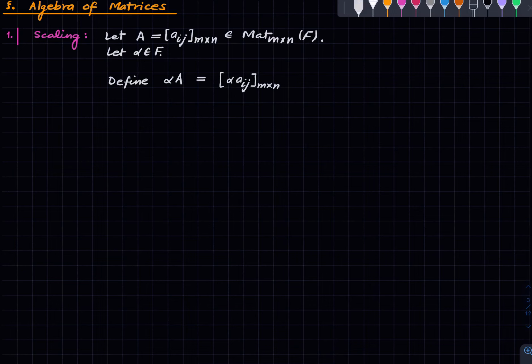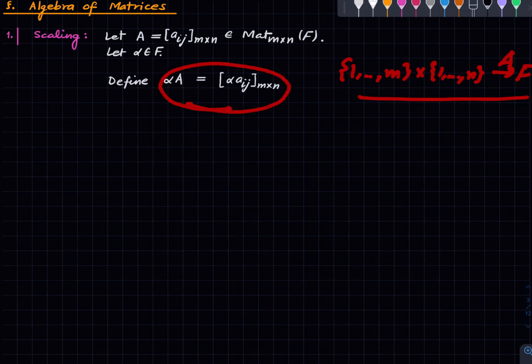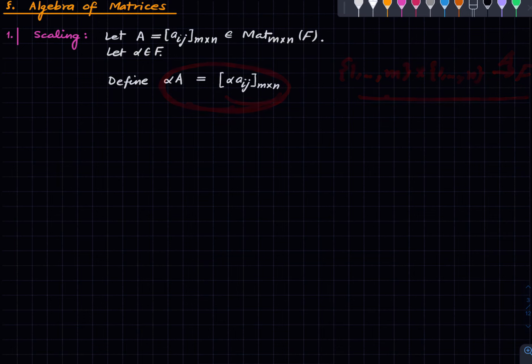Now, this is not really anything new. We haven't defined any new operation, because once you think of a matrix as a function from 1 to m times 1 to n to the field F, this is how we scale functions. We scale functions pointwise, and that's exactly what this is. So just correlate with our usual way of scaling functions.